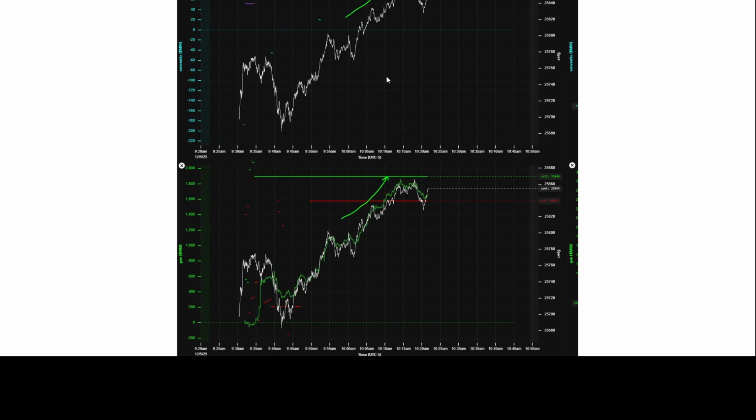Now we are going to speak about the order flow in the GEX. This is a little advanced information, but it's not so difficult to read. What we'll see here is the convexity.